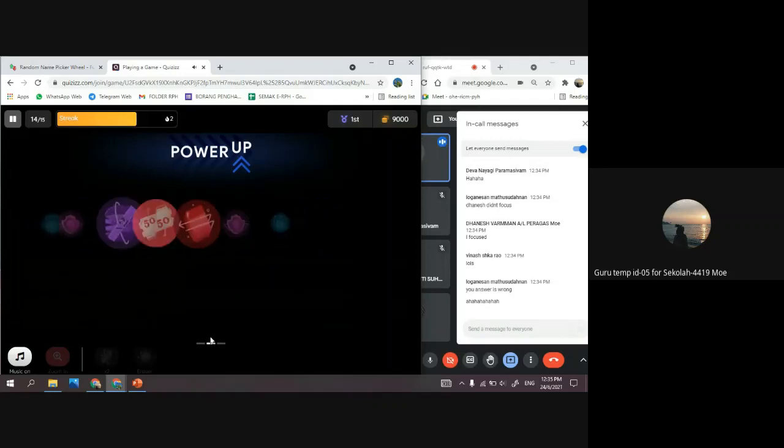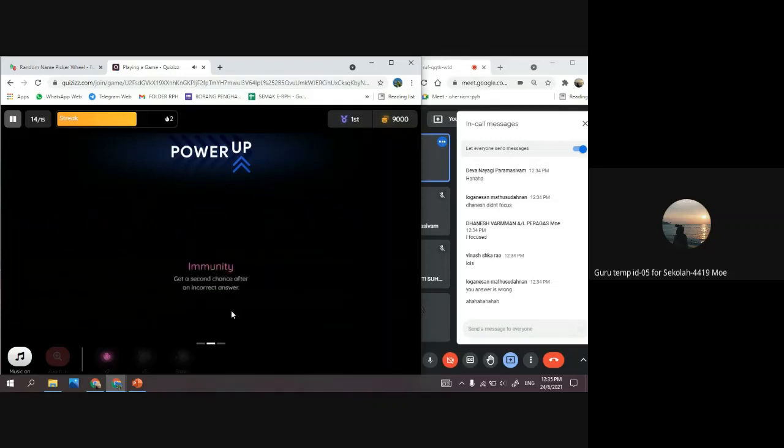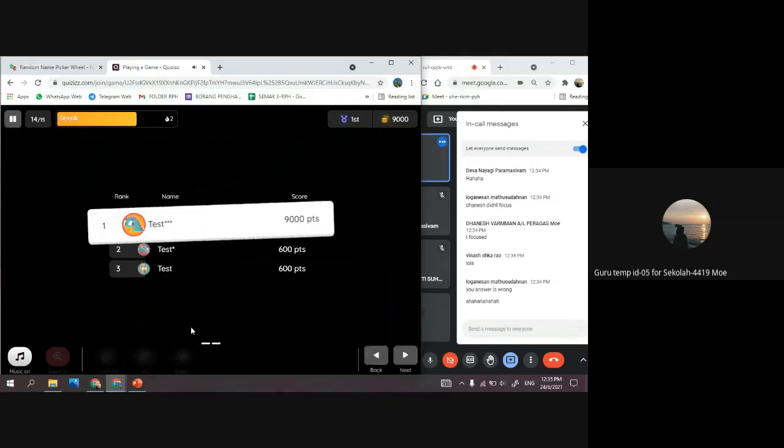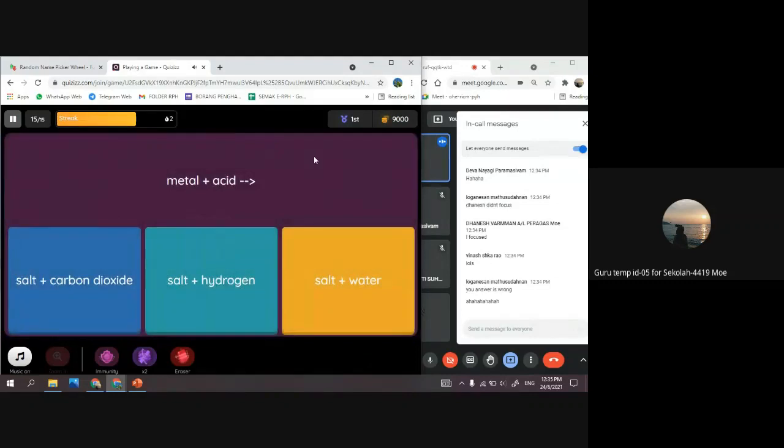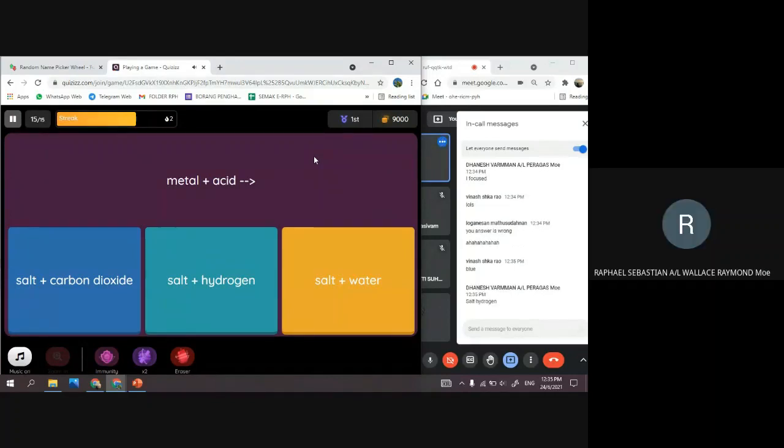Power up ni. Okay, ni kamu tahu tak? Metal plus acid. Ni dia ada berkait dengan previous subtopic properties. So if acid reacts with metal, you will get salt plus carbon dioxide, teacher.